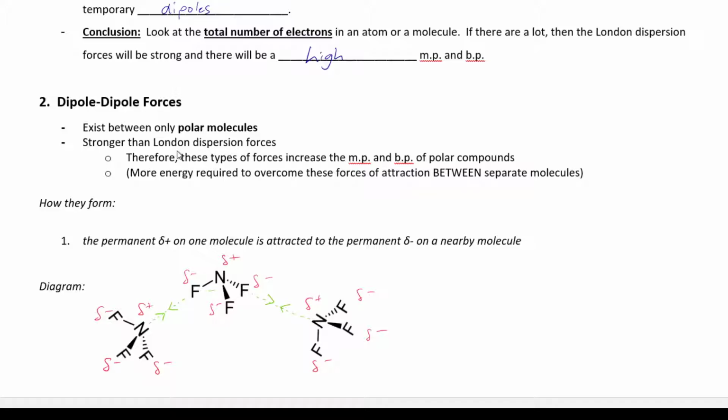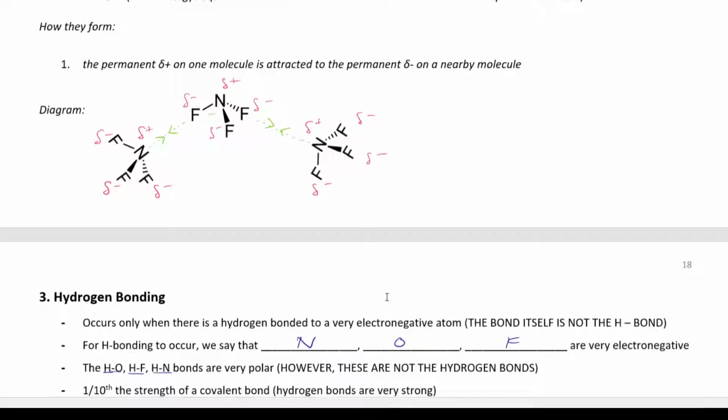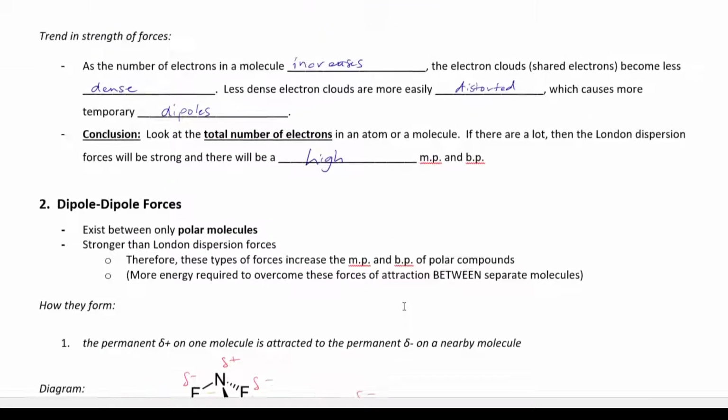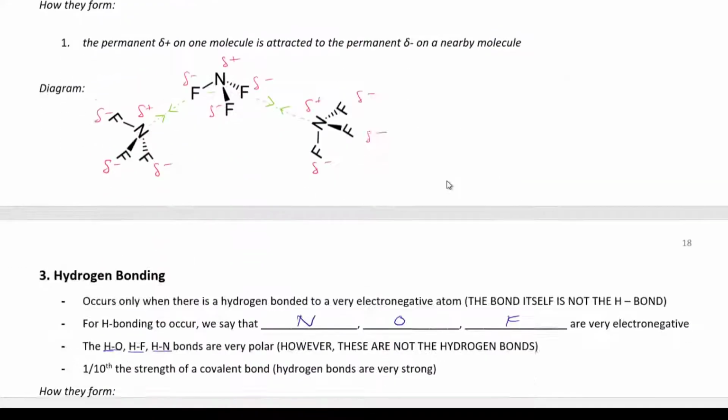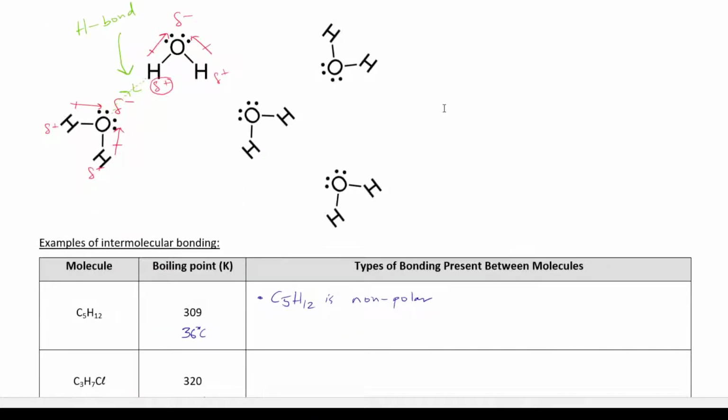And if we don't have dipole-dipole forces, we certainly don't have hydrogen bonding. So the only forces that exist between these molecules are London dispersion forces, because London dispersion forces exist between all molecules.